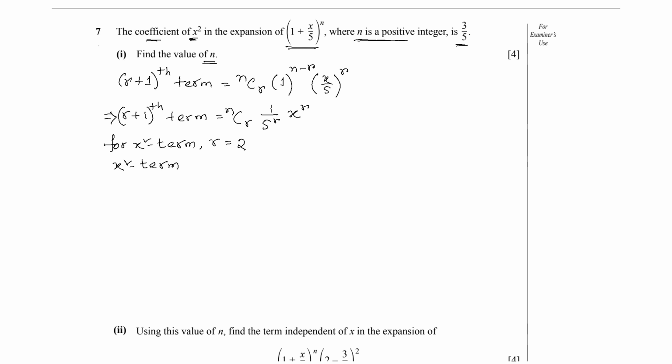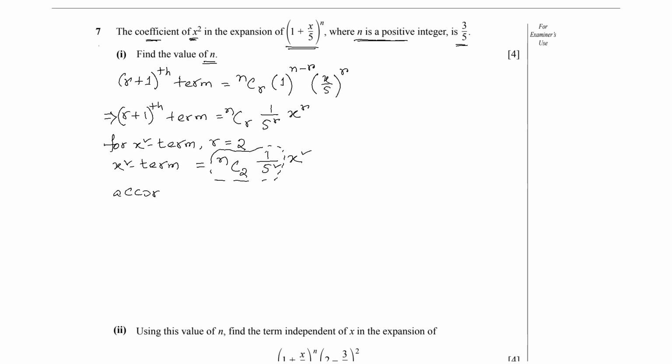Therefore our x squared term will be nC2 times 1 over 5 squared times x squared. So we got our x squared term, where nC2 times 1 over 5 squared is actually 3 over 5.